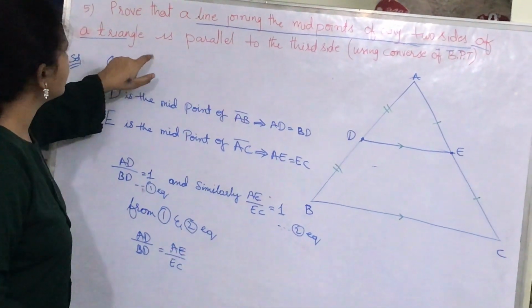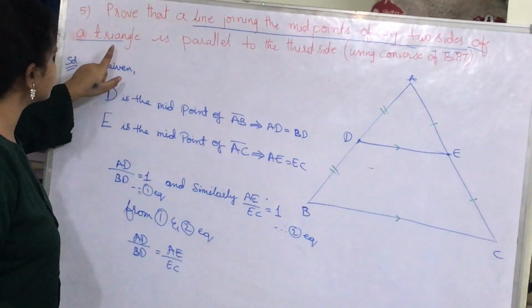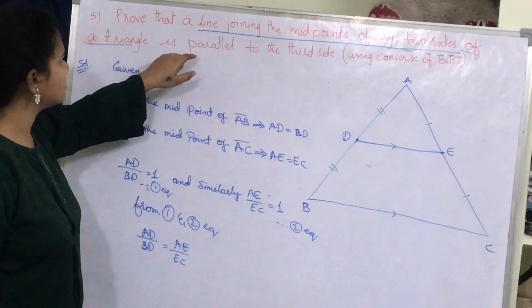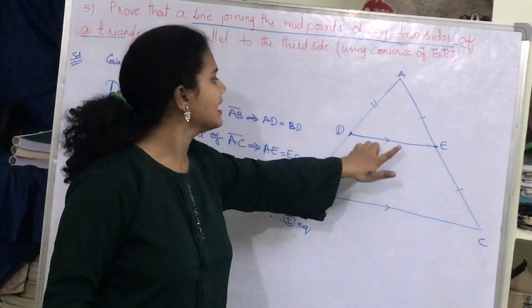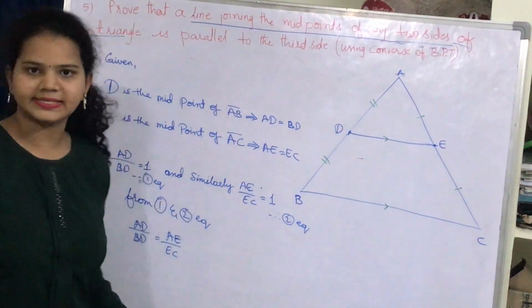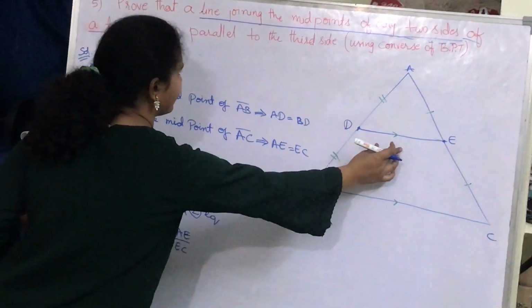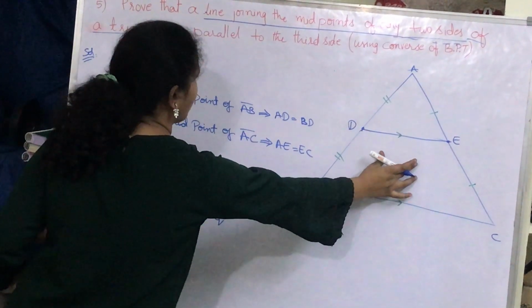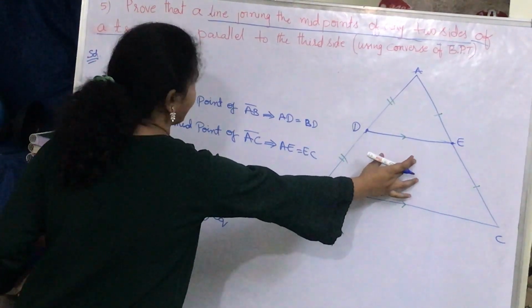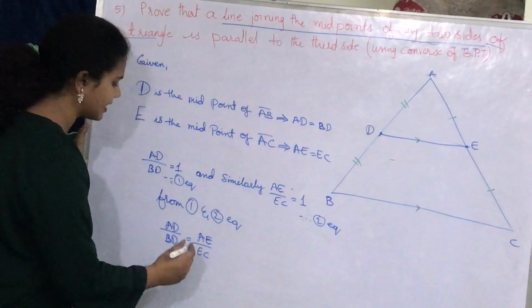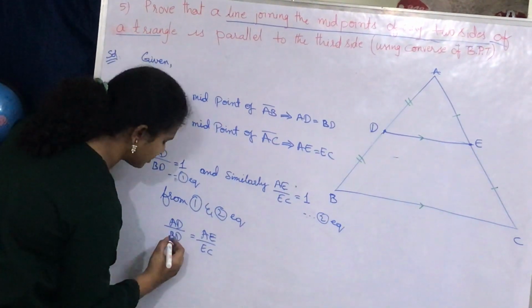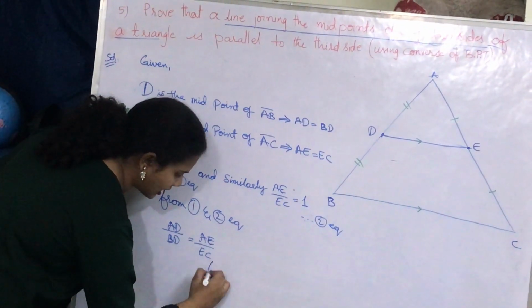So we can say that the line joining the midpoints of any two sides of a triangle is parallel to the third. So this line joining the midpoints is parallel to BC. So the line joining the midpoints of two sides of a triangle is parallel to the third side, as I can say by using the basic proportionality theorem, by using the converse of BPT.